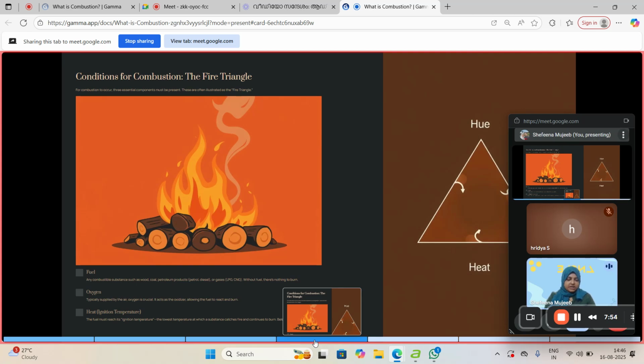Only after reaching the ignition temperature does the fuel undergo combustion. So in this slide, we discussed three important conditions for combustion: the fire triangle, the fuel, the oxidant, and the ignition temperature. Ignition temperature is the most important point in this slide. Okay, let's move to the next one.